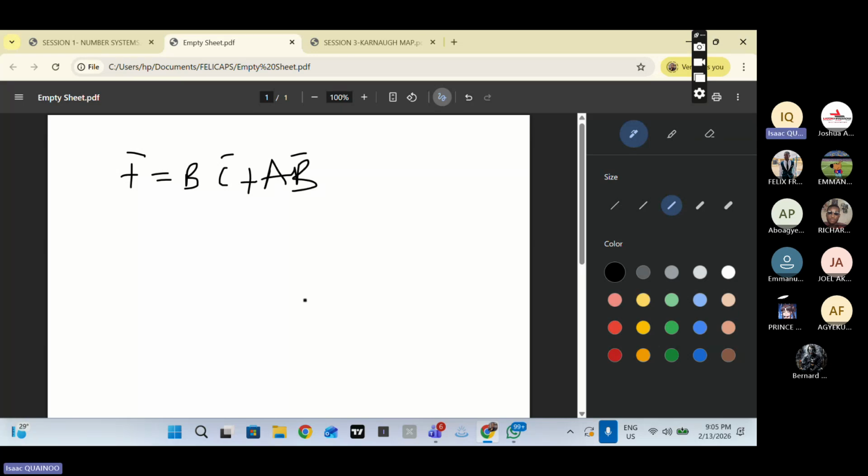This is an expression right here. So you ask your question, which K-map am I going to use? You first have to ask yourself how many variable K-map you are dealing with. So first count the number of variables you have in this expression. You have B, you have C, you have A.